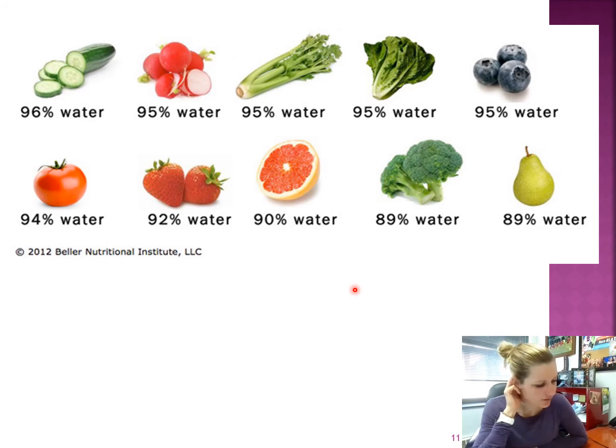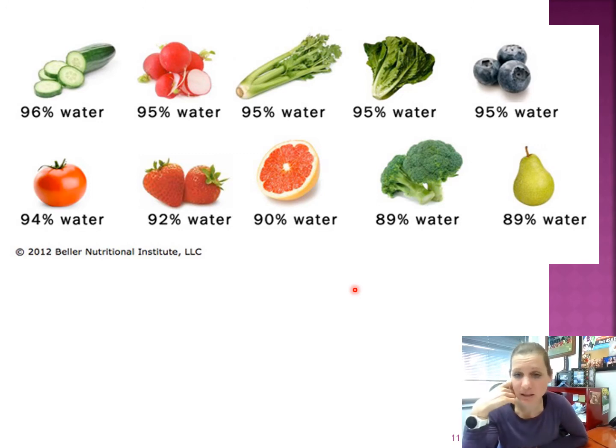We mentioned that some of the foods that we consume contain water in them, and it turns out lots of fruits and vegetables have lots of water. So I just thought this was interesting. This gives you an idea of the percentage of each food that contains water. These are some of our common healthy foods that we've talked about previously, but you can see cucumbers, dark leafy greens, blueberries are great, strawberries, all sorts of different fruits and vegetables are really high in water content.